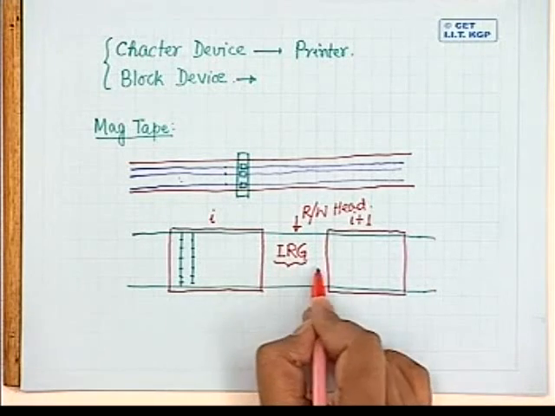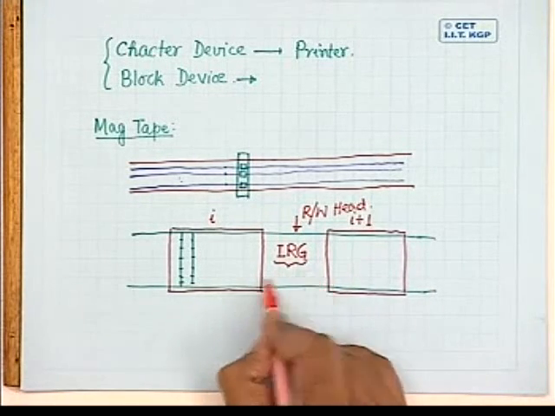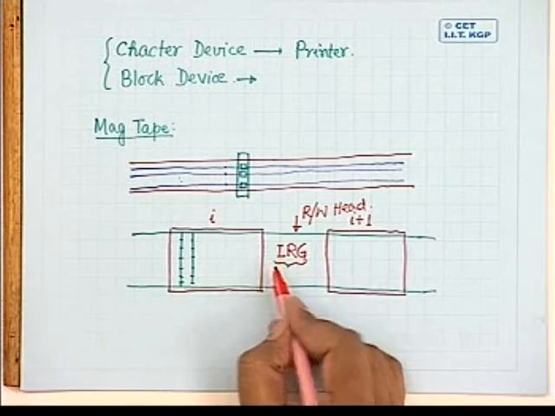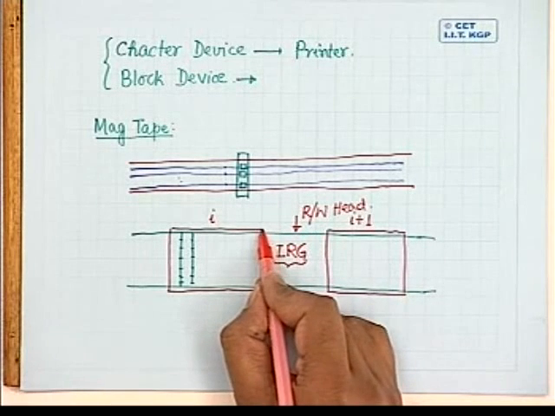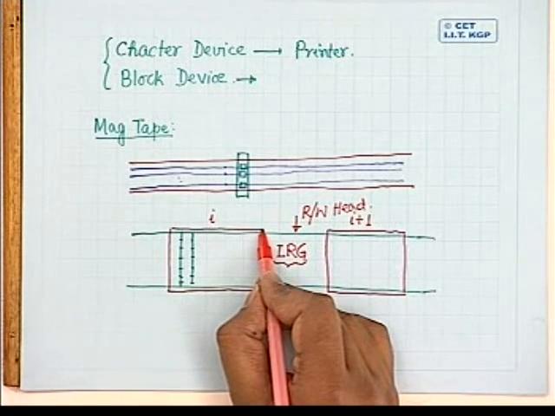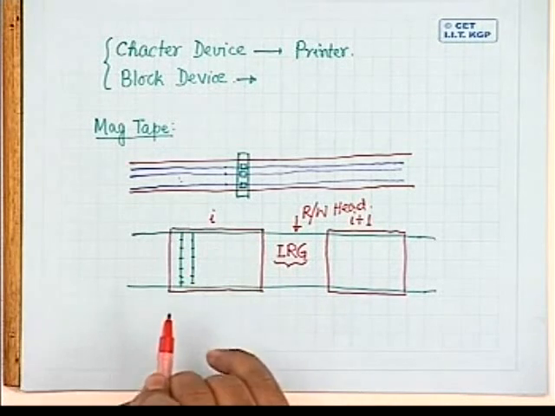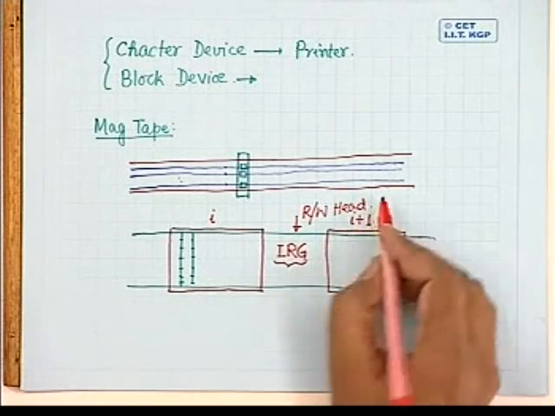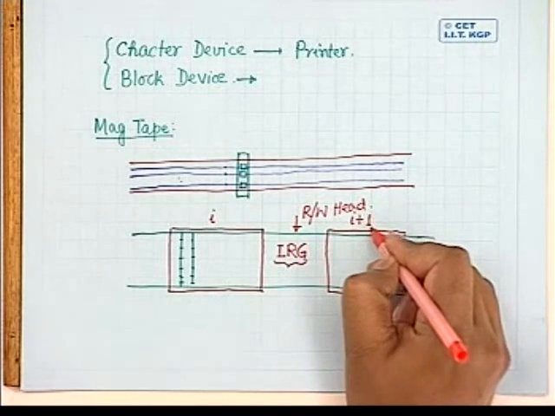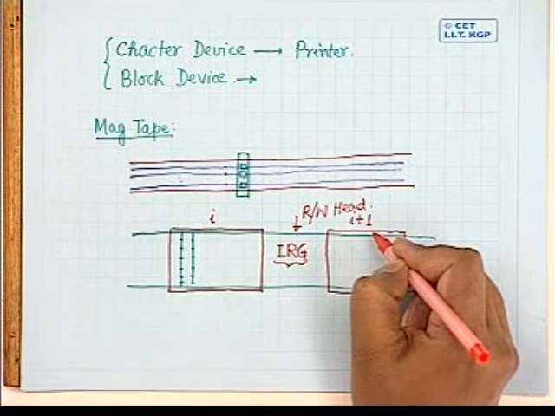So if we don't maintain such an inter-record gap, and the I plus first record starts immediately after the ith record, what will happen? After reading the ith record, when the tape comes to a halt state, the read-write head will be somewhere near the middle of this I plus first record.